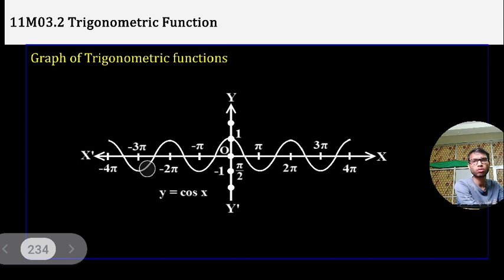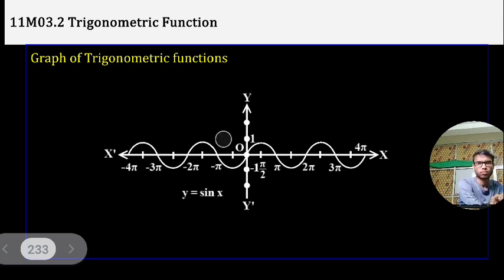What is happening over here? Y is equal to cos x. It is starting from 0, and here sin 90 is 1.